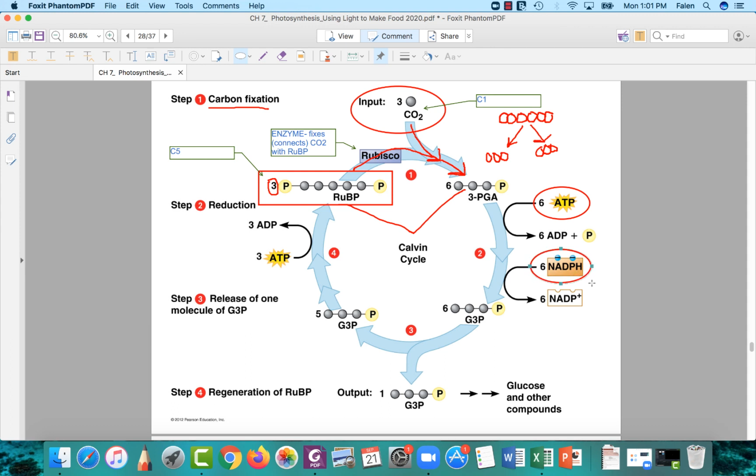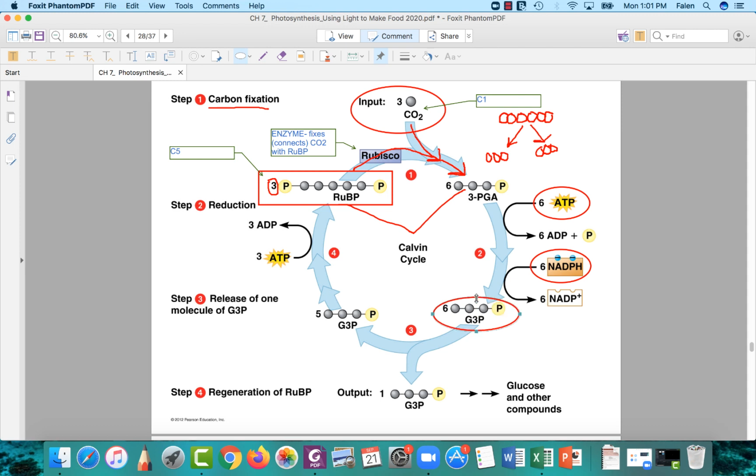So we're going to take these electrons plus hydrogens from NADPH, and we are going to get 6 G3P. Okay. So that's looking good so far.